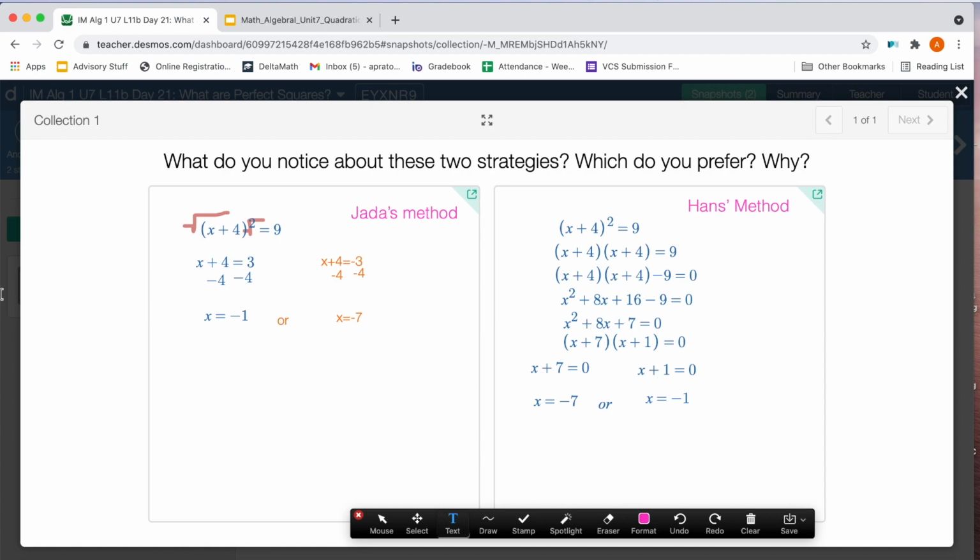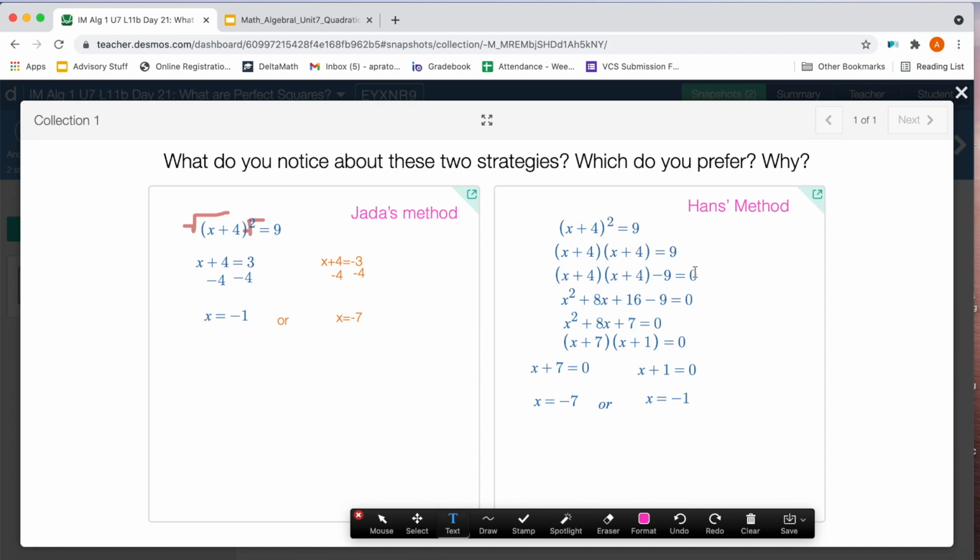So what do you notice? I noticed for Jada's method, the first step is to find the square root of both sides. I noticed that square rooting both sides cancels out the squared value. I noticed that when you square root a number, you have a positive and a negative value. I noticed that both of them have the same two solutions, -1 and -7. I noticed for Han's method, there's a lot more steps to take.